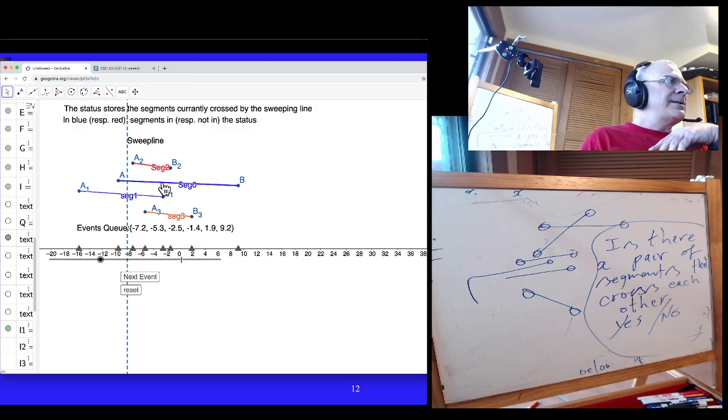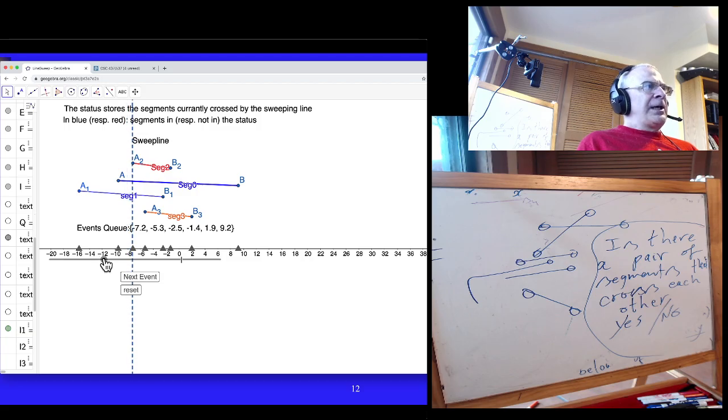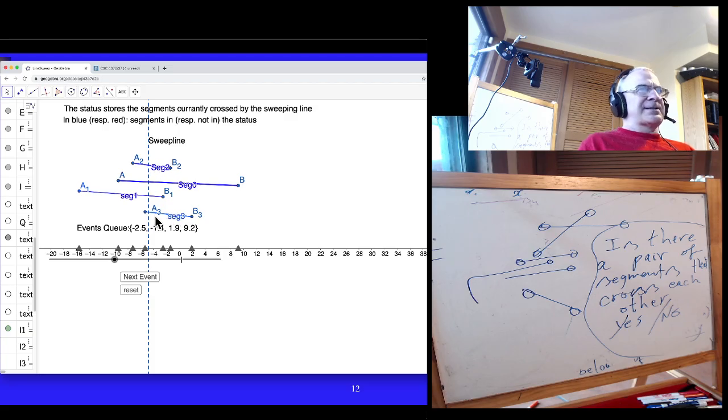And they'll say, no, we don't. And the line sweep will say, okay, let's move on. As the line sweep moves, at some point it will start crossing segment 3. Then it will ask S3, hey, do you cross any of the segments that are in the status right now? In this example, no, it doesn't, but if I move it, of course, it might.